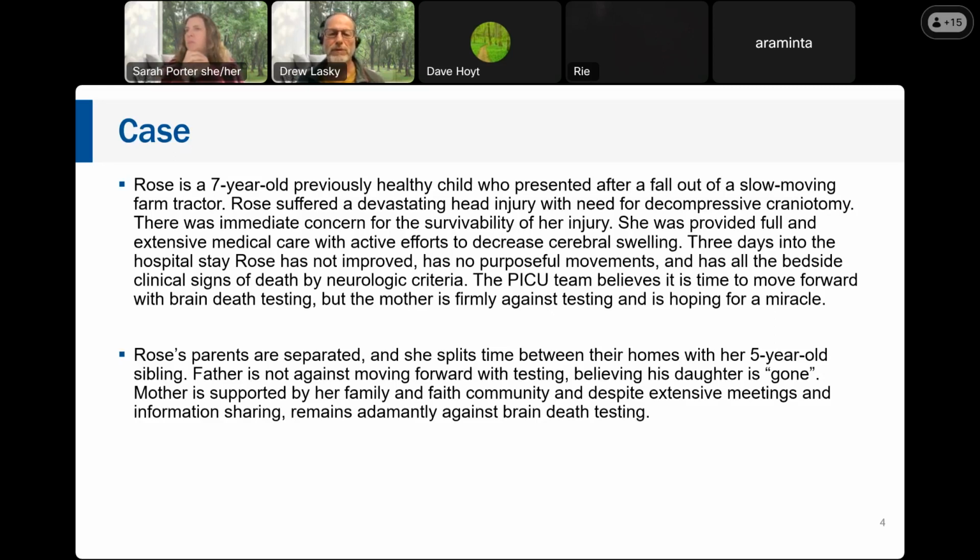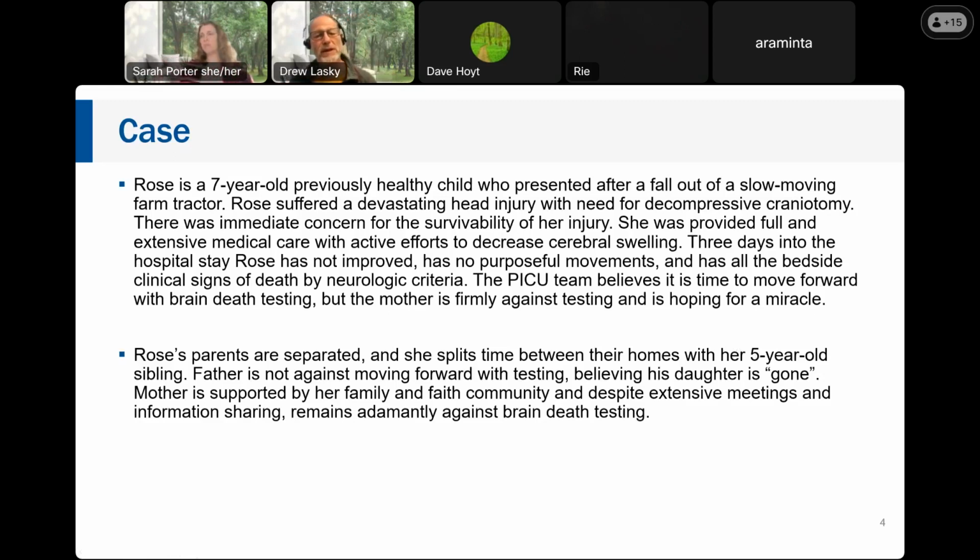She was provided full and extensive medical care with active efforts to decrease cerebral swelling. 3 days into the hospital stay, Rose had not improved. She had no purposeful movements and has all the bedside clinical signs of death by neurologic criteria. The Peds ICU team believes it is time to move forward with brain death testing, but the mother was firmly against testing and is hoping for a miracle.